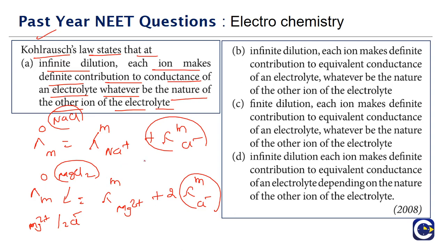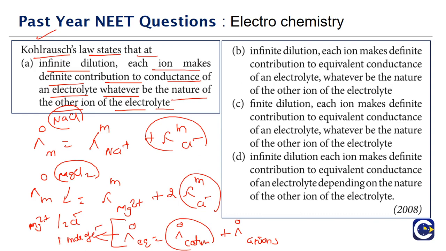Similarly, if you are talking in terms of the equivalent conductivity, right, the lambda naught equivalent will be equal to what? Lambda naught for the cations, the equivalent conductivity of the cations plus the equivalent conductivity of the anions. Here the multiplication factor will not be there. Because equivalent conductivity means what? Conductivity coming from the substance that can exchange 1 mole of electrons.